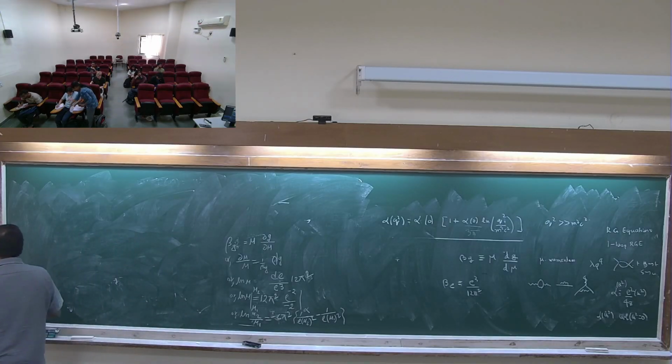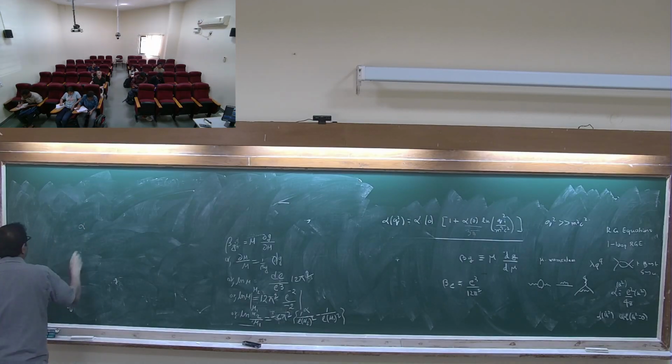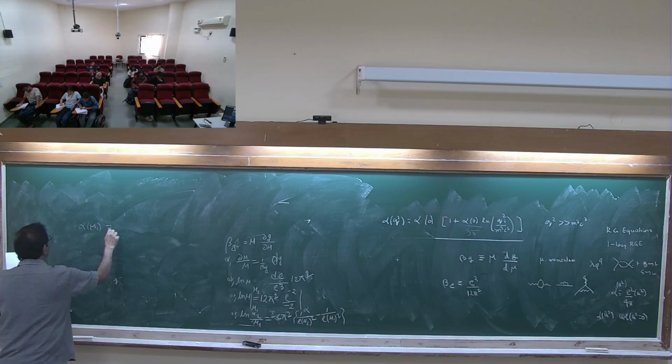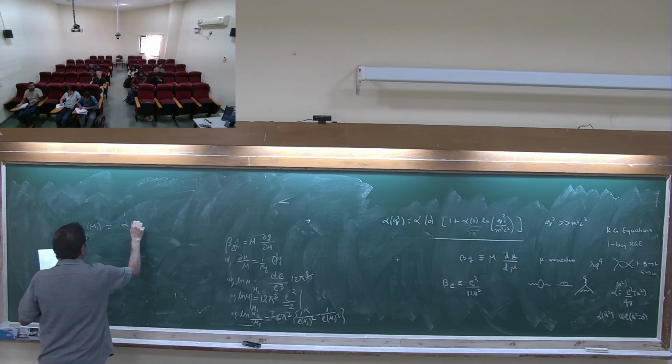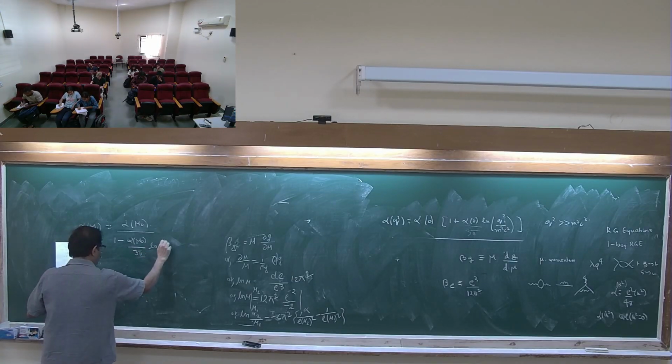It's written as alpha at the scale mu1 is alpha at the scale mu naught divided by 1 minus alpha at the scale mu naught divided by 3 pi times logarithm of, here we write it as a square.